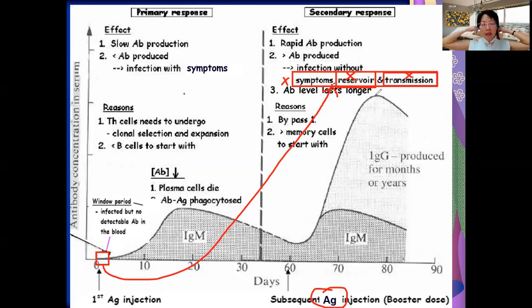So antibody is very quickly able to attach to the antigen to carry out the six functions of antibody, like prevent entry, agglutination, prevent movement of the flagella, causing lysis, causing opsonization and neutralization.